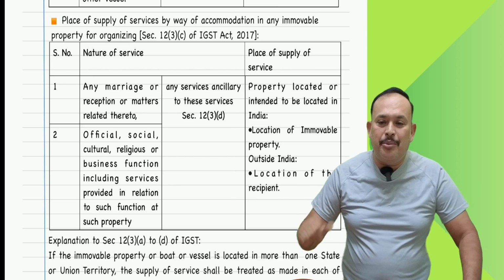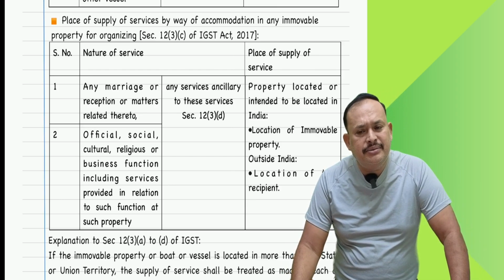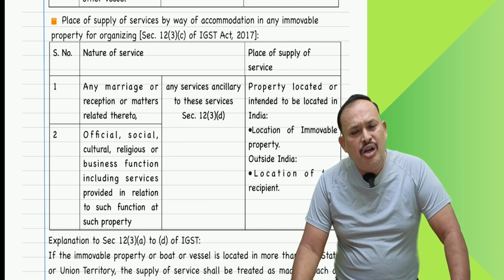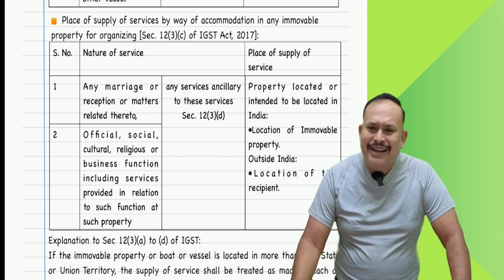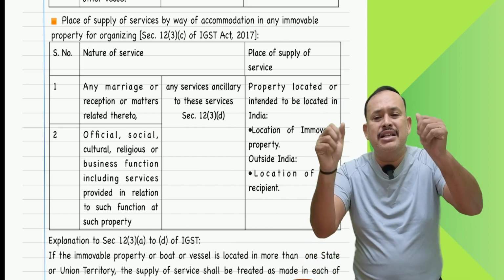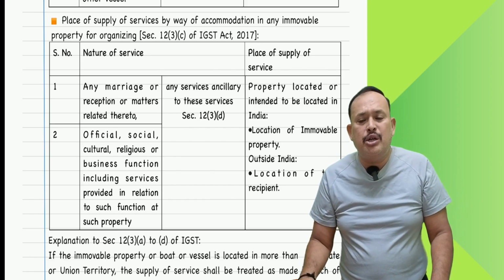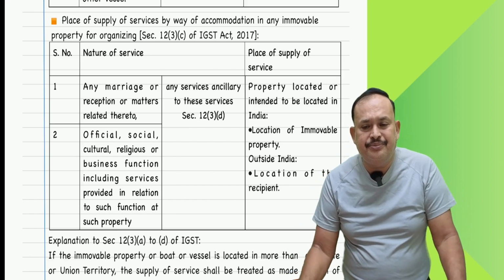I will tell you one example. Mr. Shah Rukh Khan, an eminent celebrity from Mumbai, came to Chennai and booked the Woodlands Hotel in Chennai to carry out a particular function.